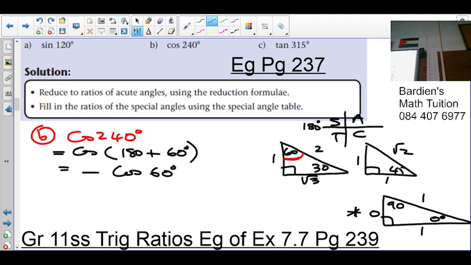This is a 60-degree angle. What does cos stand for? Adjacent over hypotenuse. So that is going to be 1 over 2. So your answer is negative 1 over 2. Any confusion?